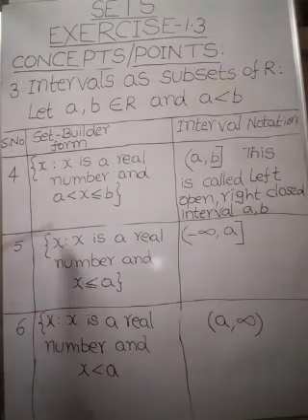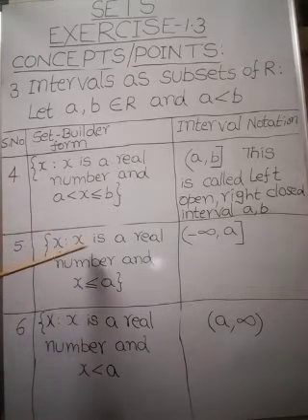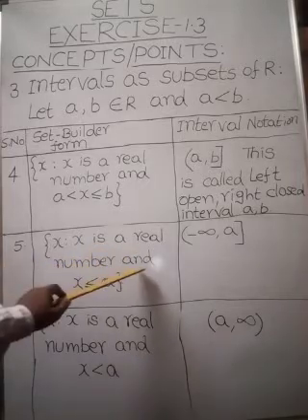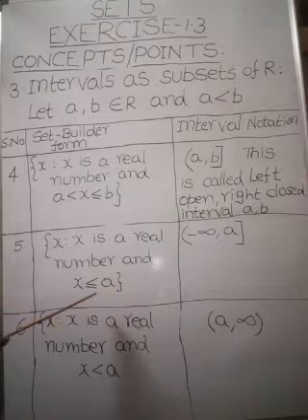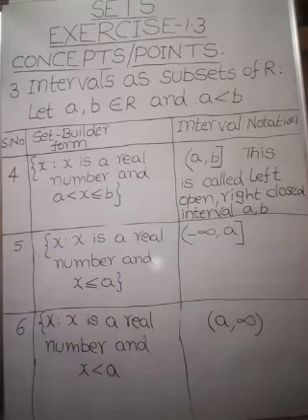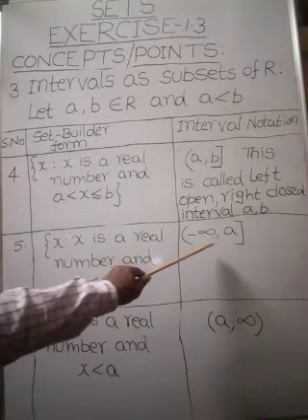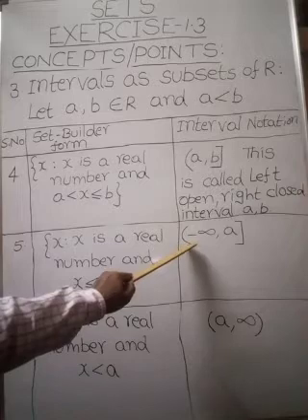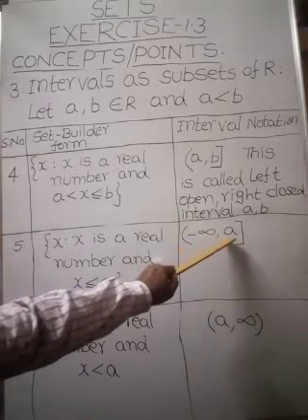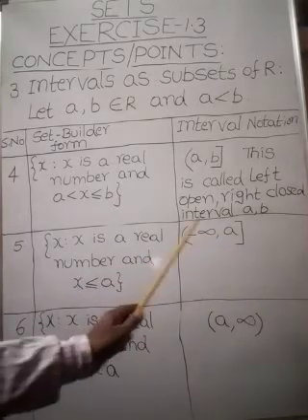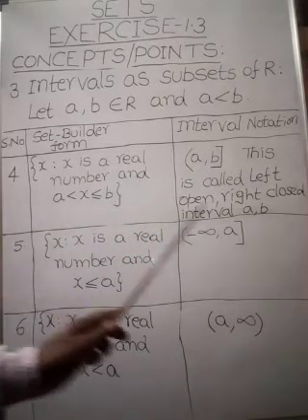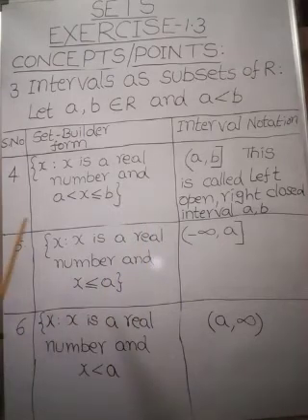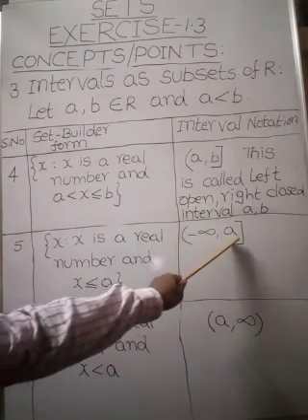Now come to the next interval. Set of all x such that x is a real number and x is less than or equal to a, means we have to take all the real numbers less than or equal to a. We denote this interval in this form: (minus infinity, a]. Imagine the number line, all the numbers on the left side of the number a, including the element a.